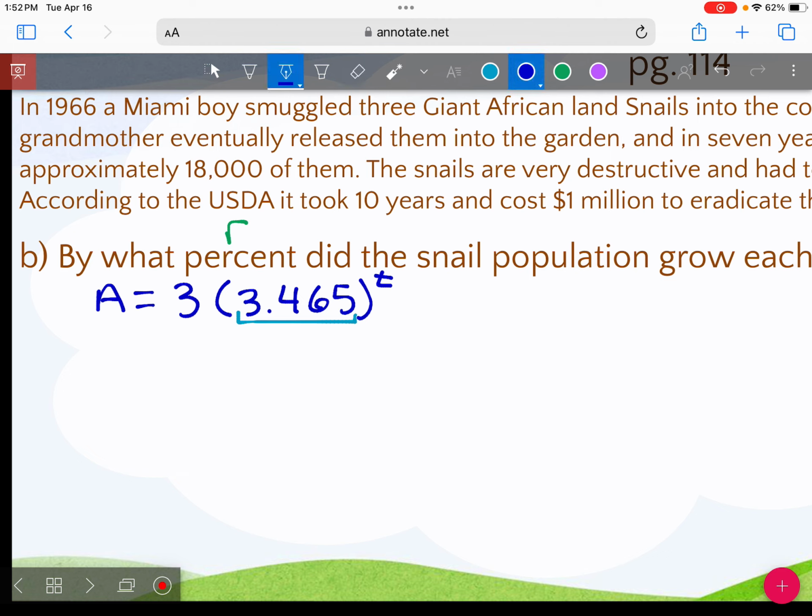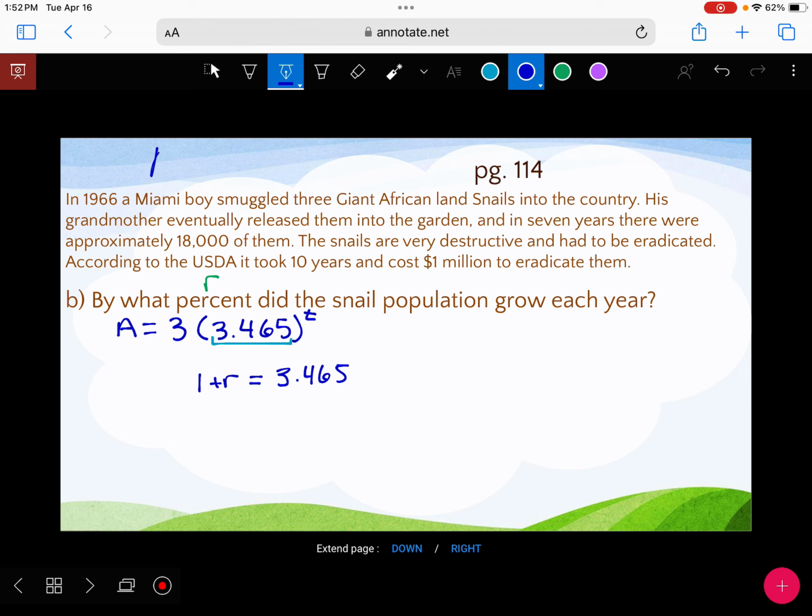So what we did was look at 1 plus r equals 3.465, because if we think about our original equation, principal times 1 plus or minus r to the t, we're trying to take this chunk here and figure out r. This chunk is this chunk. So the way you said it works, I'm just explaining it a little bit.